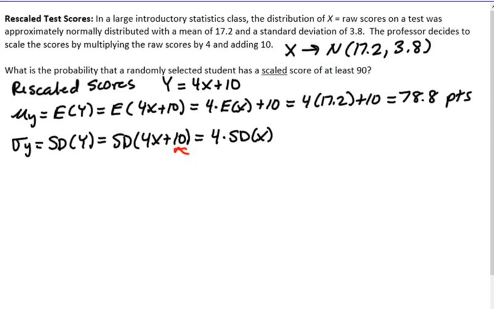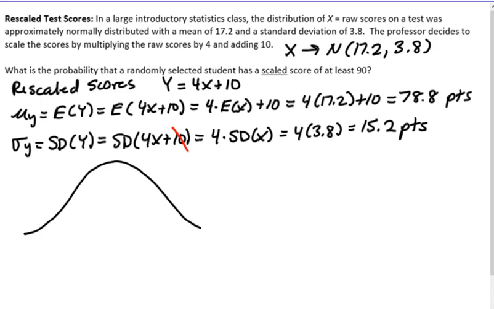I'll sort of cross this out. So even the 10 doesn't really affect it. Now, is it still the variable 4x plus 10? Yes, but the standard deviation is not affected by the 10. It's only affected by the 4. So this is going to be 4 times 3.8, which turns out to be 15.2 points. So we're dealing with a normal model that has a mean of 78.8 and a standard deviation of 15.2.